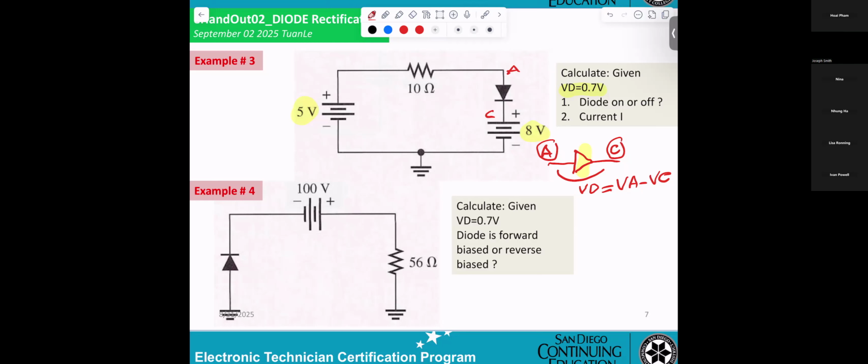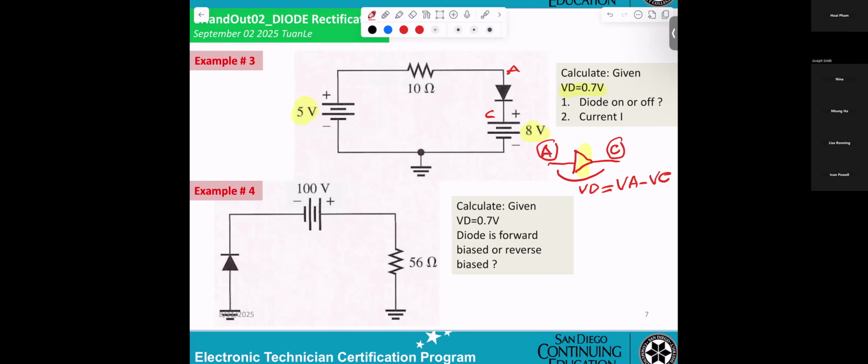How do we know VA? 5 volts. How come you know 5 volts? You have to be more specific.